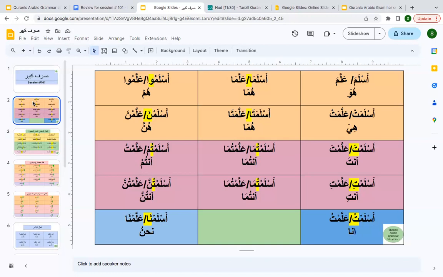Mazid means something that has been made more. So in Aslama you had Hamzatul Qata. In family number 2, or family Babe Taf'il, you have seen doubling of the second root letter. So your guy Aslama was the beginner, and he married a girl named Yuslimu, and they had a baby called Islaman, and then that person went on to become Muslim.